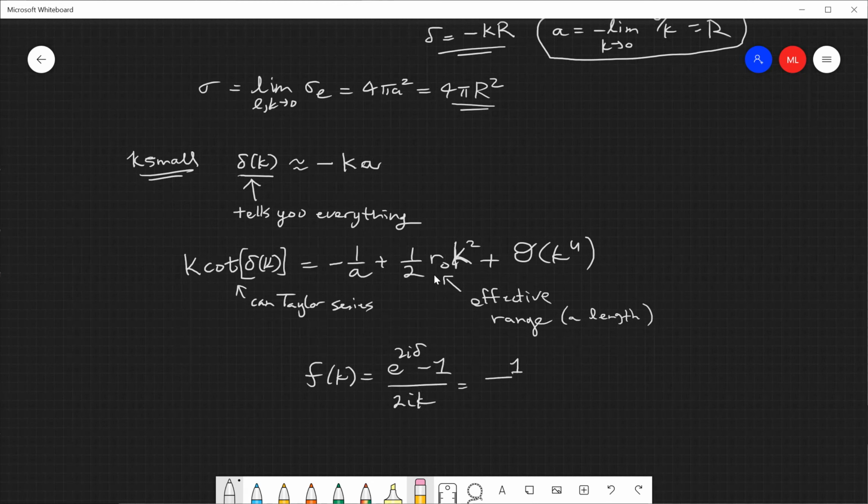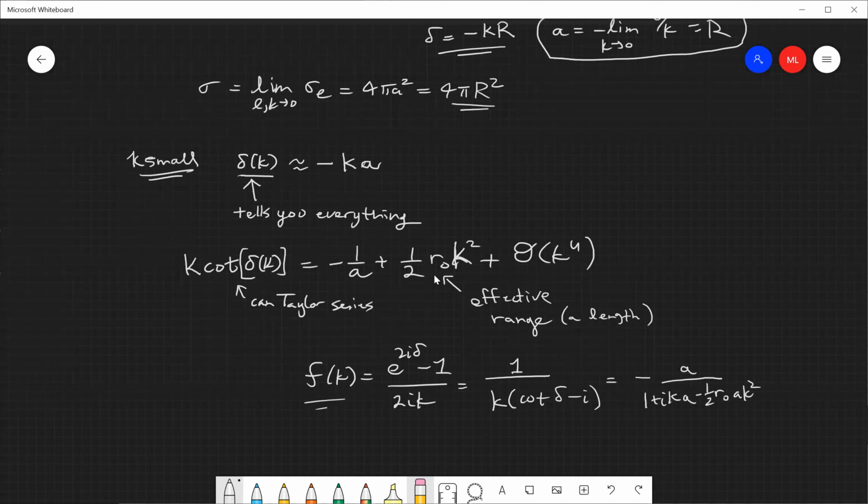You can also write this as 1 over k times the cotangent of delta minus i, as it turns out. And if we plug in for that, it's minus a over 1 plus i k a minus 1/2 r naught a k squared. You can use the scattering amplitude to calculate the cross sections if you wanted.